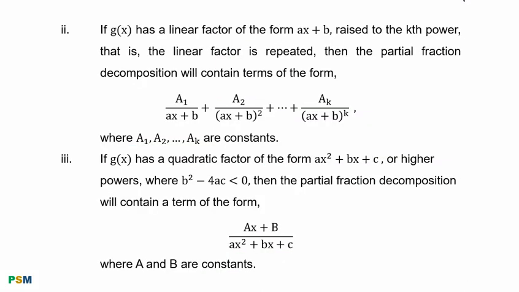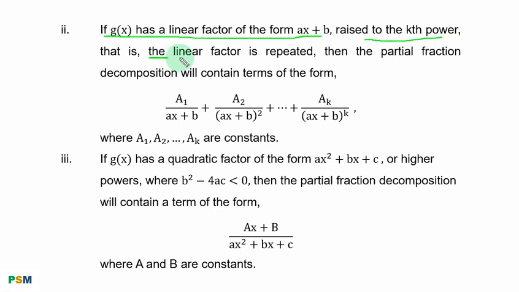The second category is that if g of s has a linear factor of the form as plus b raised to the kth power, here it can be power of 2, power of 3, and so on.